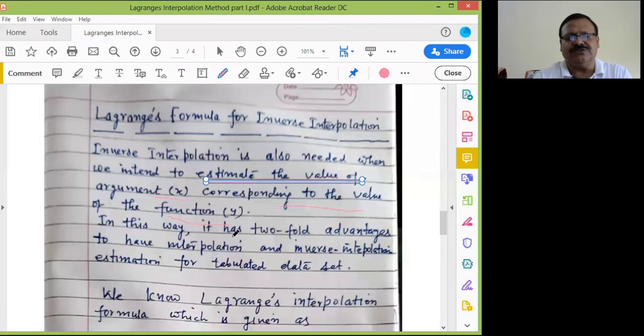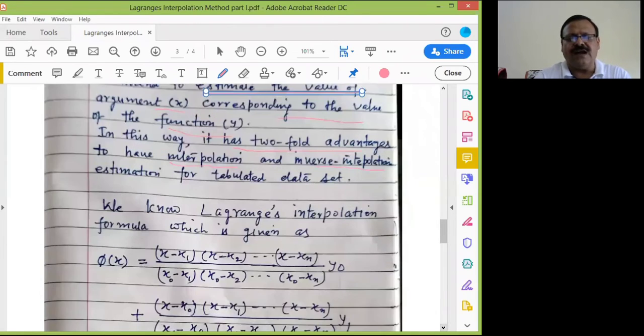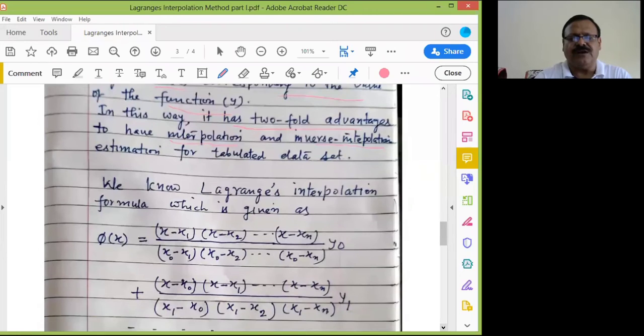In this way, it has twofold advantages. What advantages? One is the interpolation as usual in other methods, and the other facility which it allows is the estimation for a tabulated data set, means value of y.